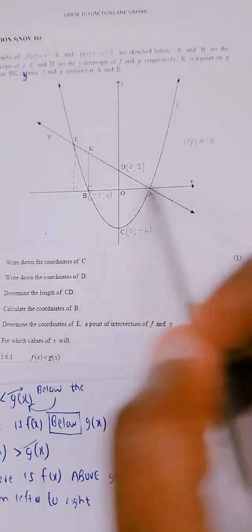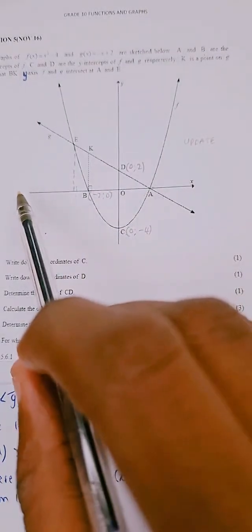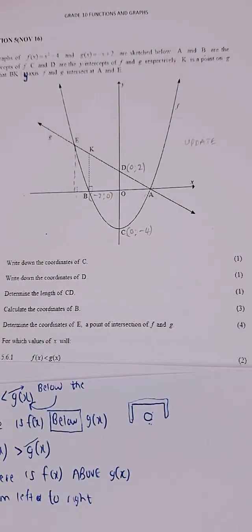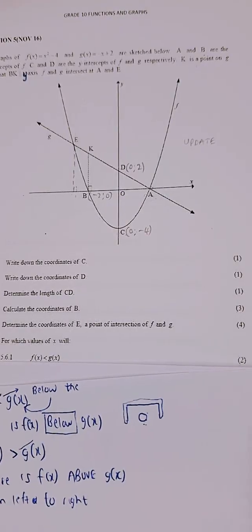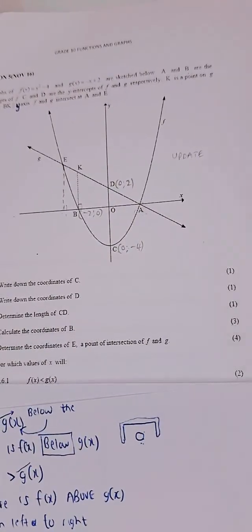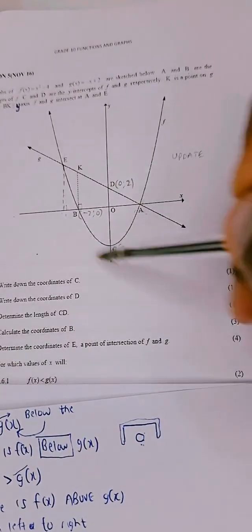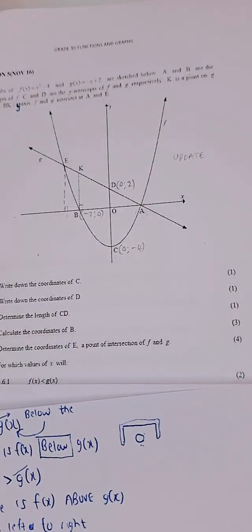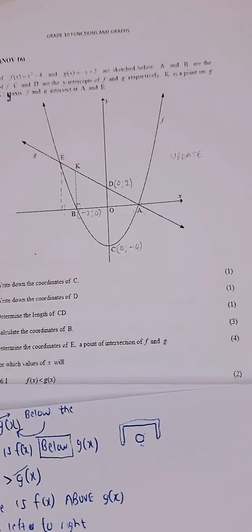So they want an interval, from left to right, that shows f being below g. You should then be able to look at your two functions. First, you need to know who f is. f is the parabola, g is the straight line. So where do you see the two functions showing f below g?